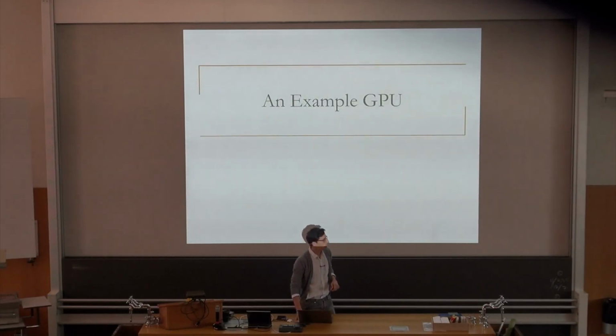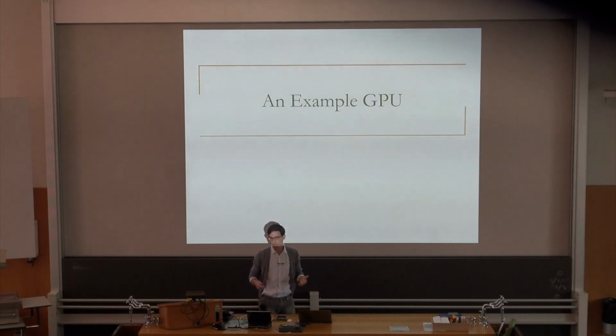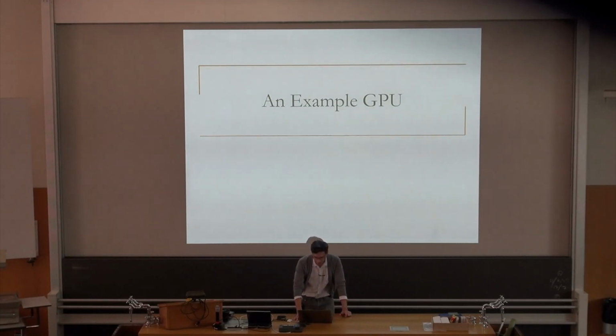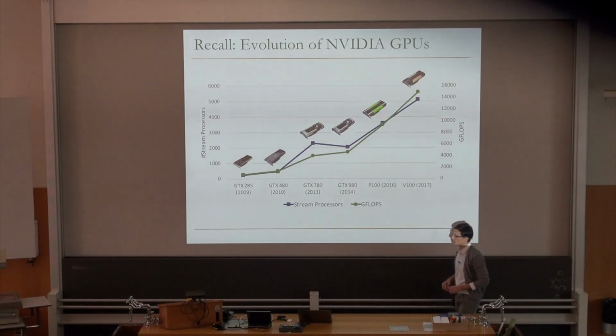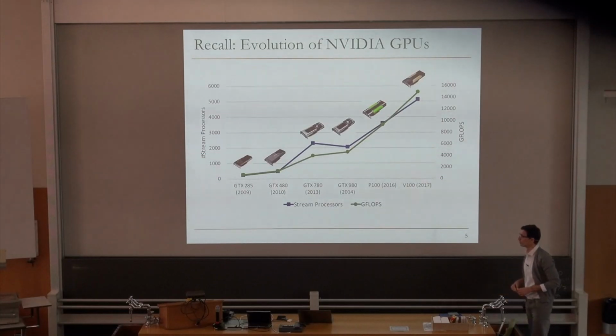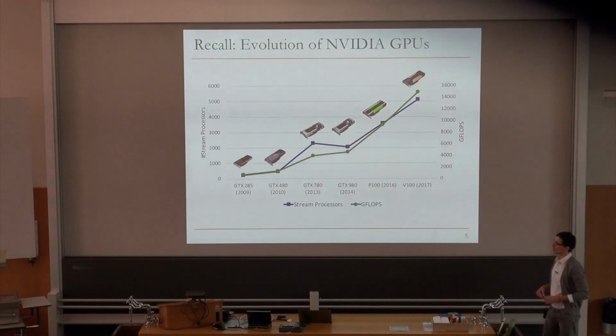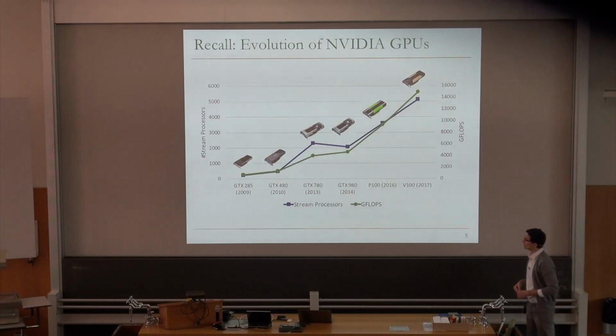Before we start talking about GPU programming, we are going to very quickly review some slides that we were already looking at in lecture 7. You might recall this slide. Since the year 2000, actually even before, in 2007, the first GPUs that could be used for general purpose programming, the G80 architecture, were released.